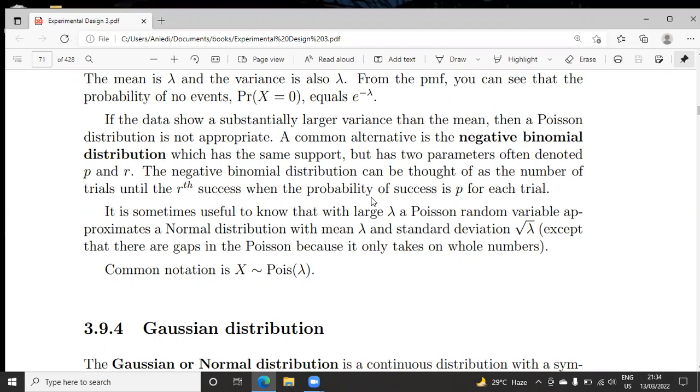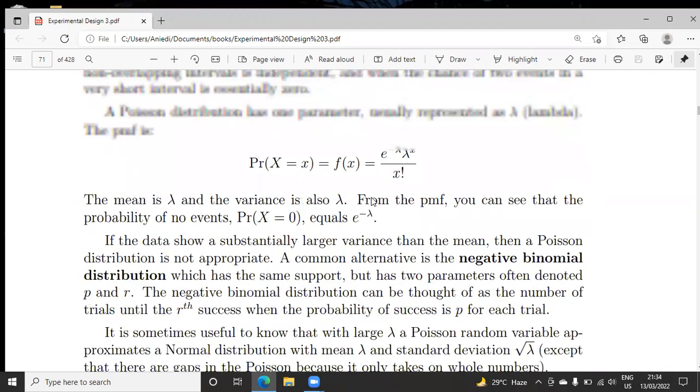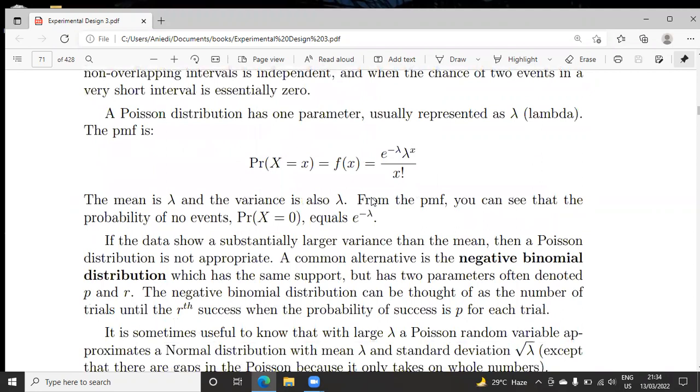Then you know that it is a Poisson distribution because Poisson deals with successes over time, where the mean equals the variance. In Poisson distribution, you calculate the mean and then you calculate the variance. The mean is the waiting time.